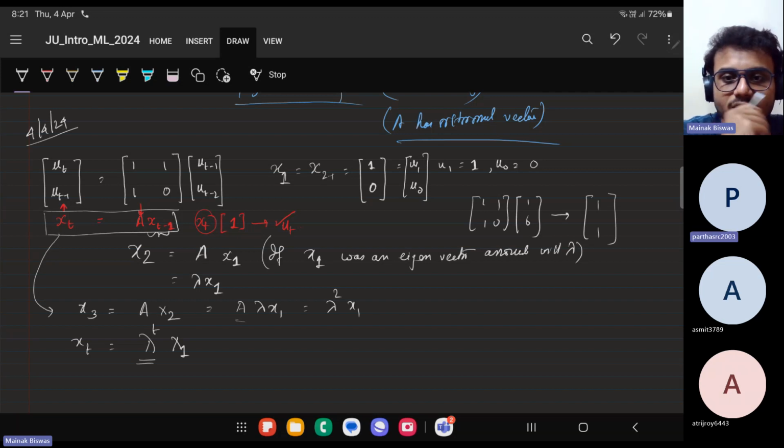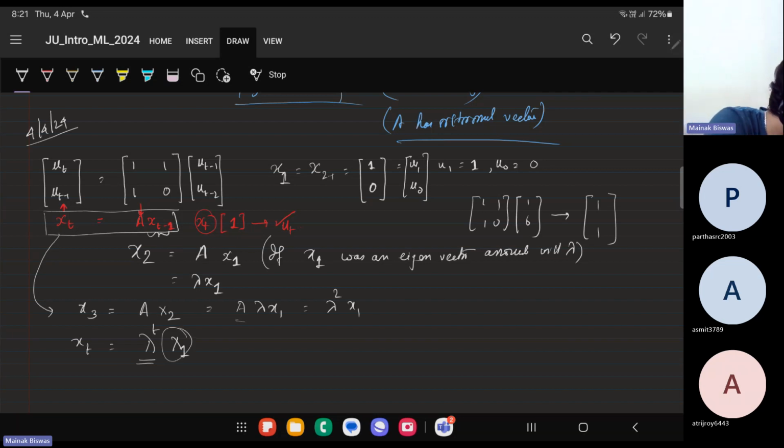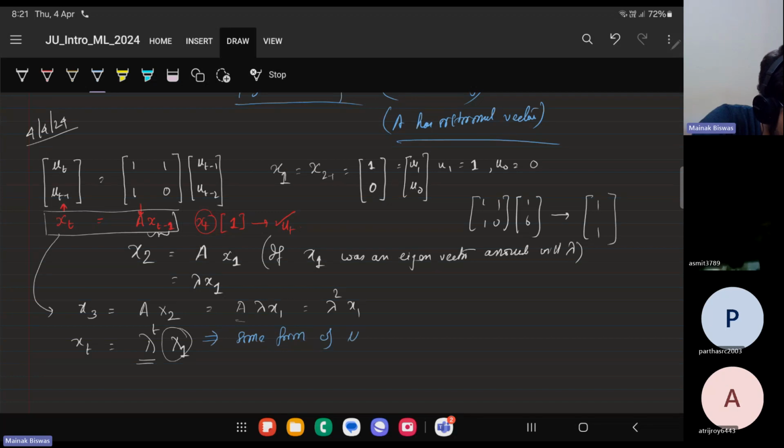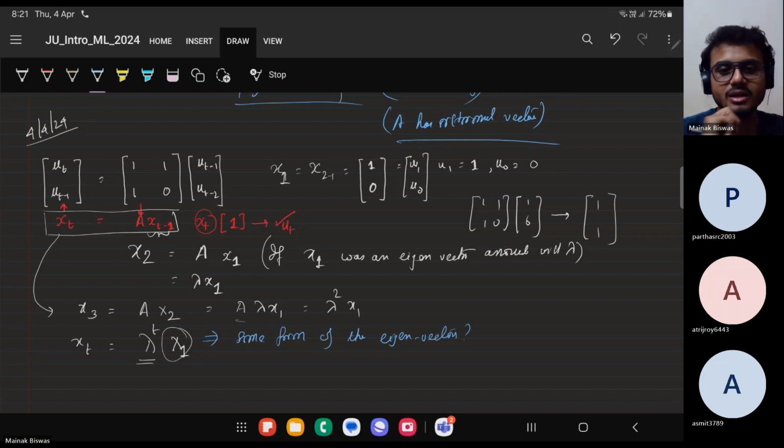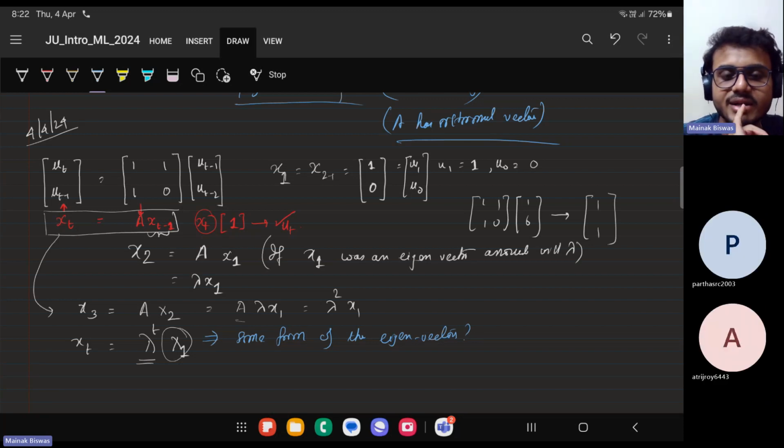So this is not going to work, and therefore we need to write it as some form of eigenvectors, right? Is that enough of a hint? If I can write it as a sum of eigenvectors, then I will be done.